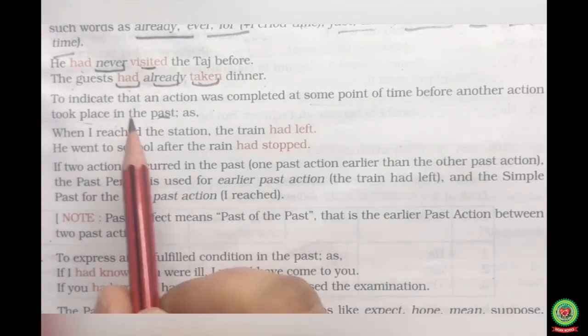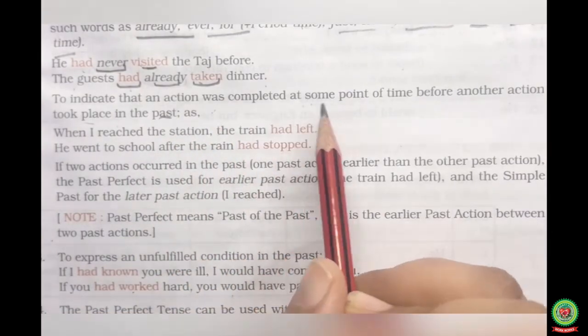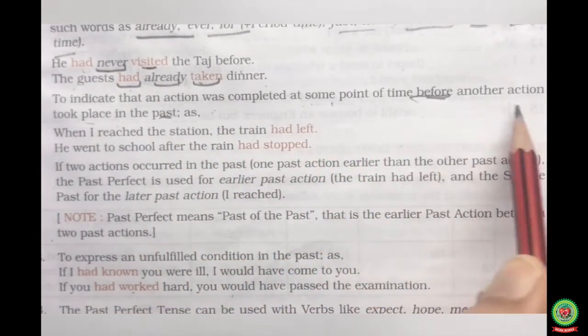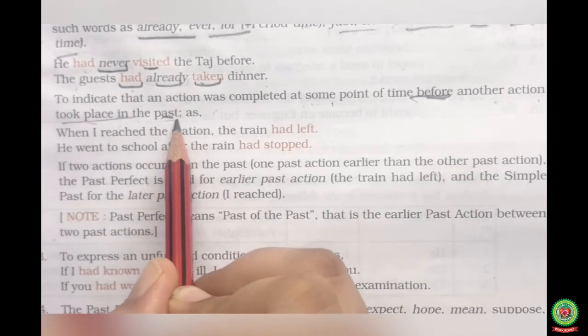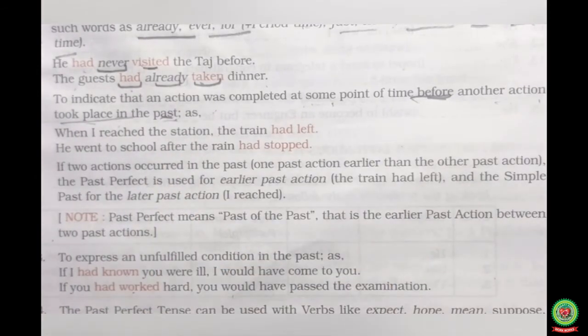This is to indicate that an action was completed at some point of time before another action took place in the past. So it means your past perfect means past of the past. That is, the earlier past action between the 2 past actions will be your past perfect.